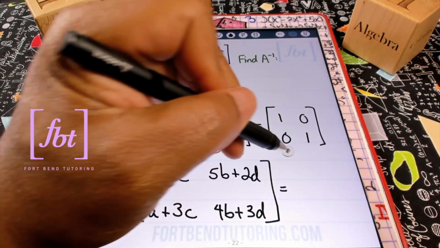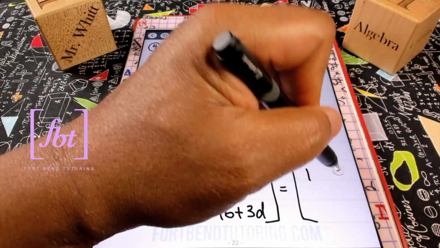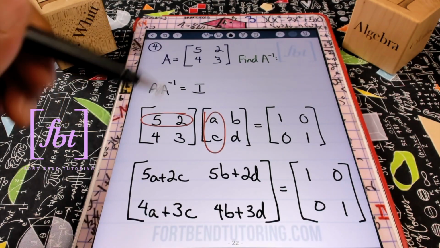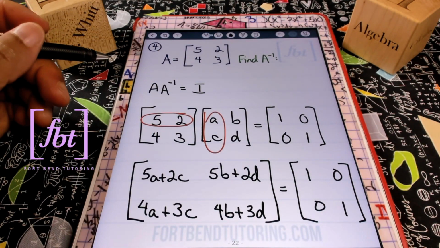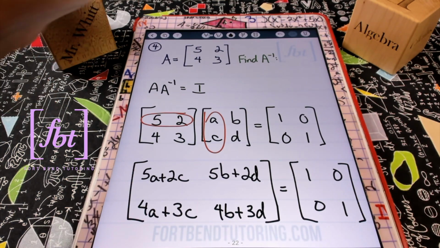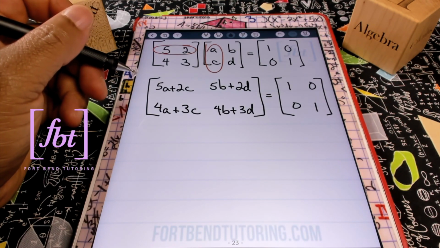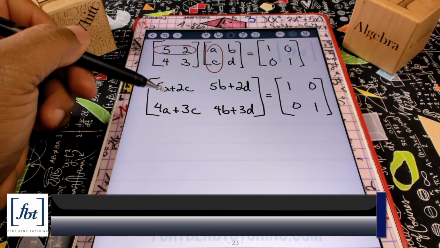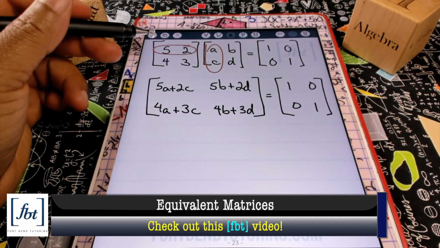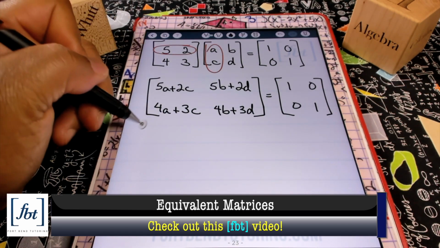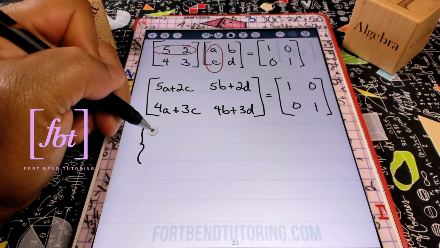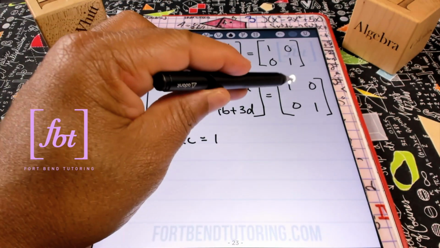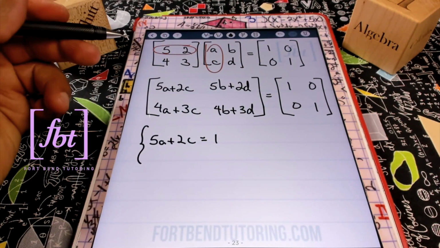This still equals our identity matrix 1, 0, 0, 1. Because this matrix on the left equals the matrix on the right, we can set up systems of equations, based on the fact that these two elements have both A and C, and these two elements have both B and D. I'm going to set up a system of equations that reads 5A plus 2C equals 1, its corresponding element in the equivalent matrix.